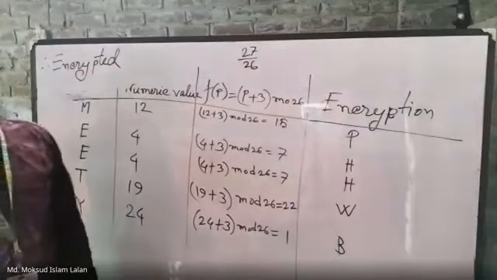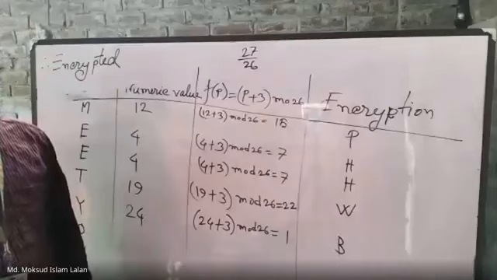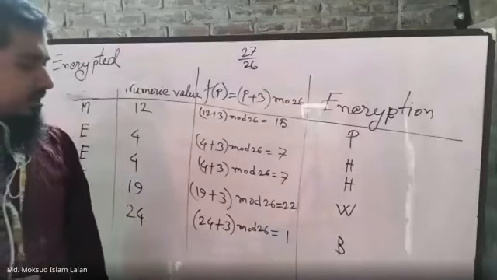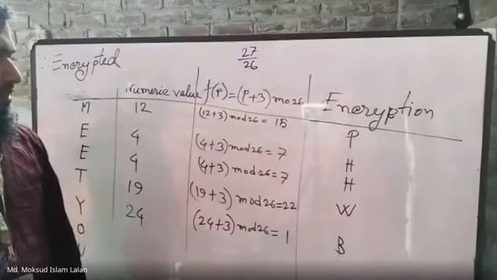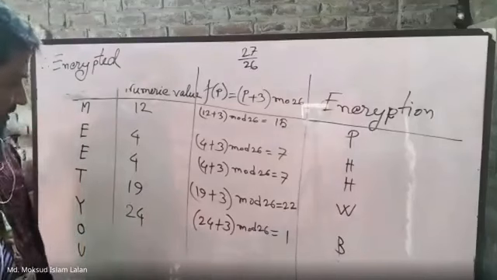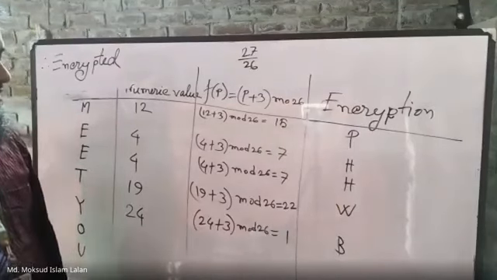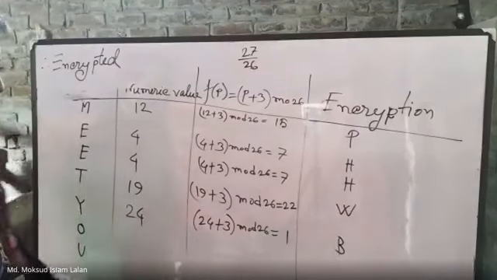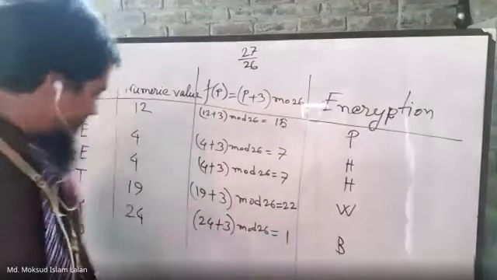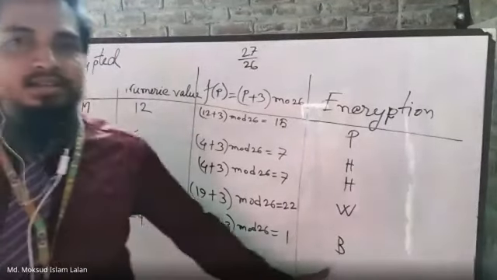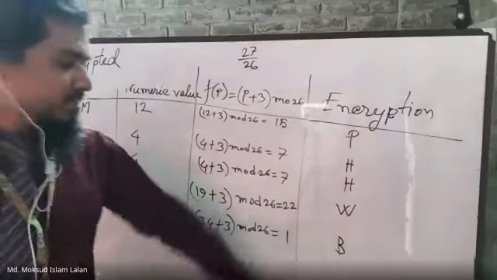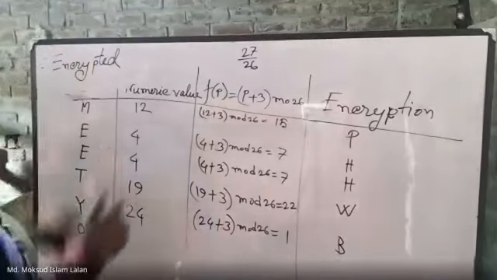Munna? That will be R. You already said sign, that is X. Yes, sir. X, then Z, then L. Would you please finish this math and tell me the encrypted message?